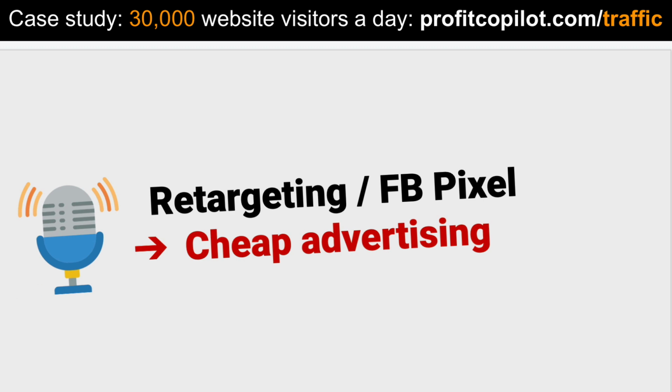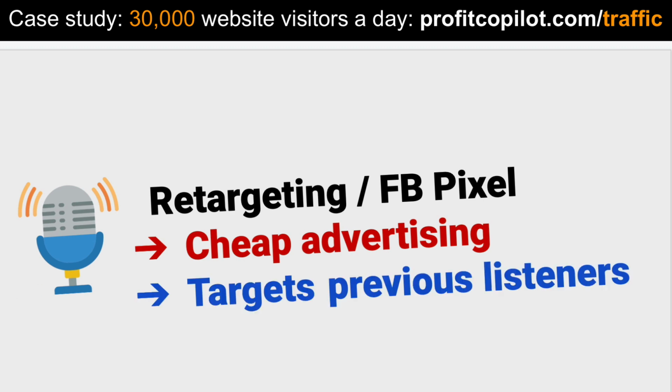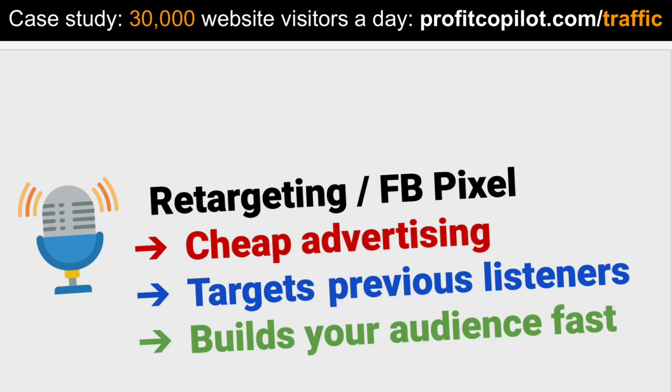It really is cheap because you're only targeting previous listeners, people who already know who you are. And when you do this right, it builds your audience fast. We can do that through custom audiences, and if you want more information on how to do this, tell me in the comments. I'll create a video walking you through how to do it when I get a chance.